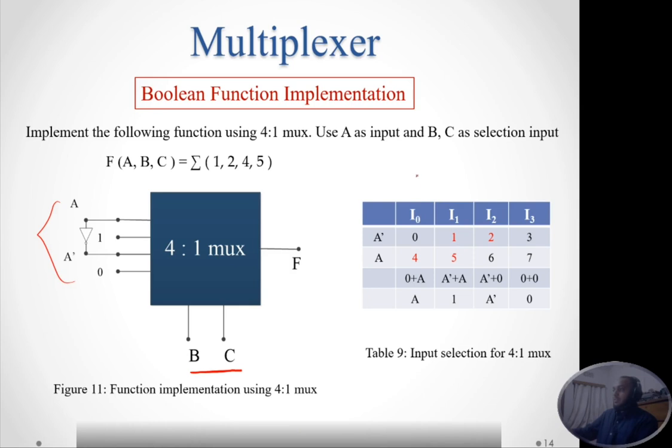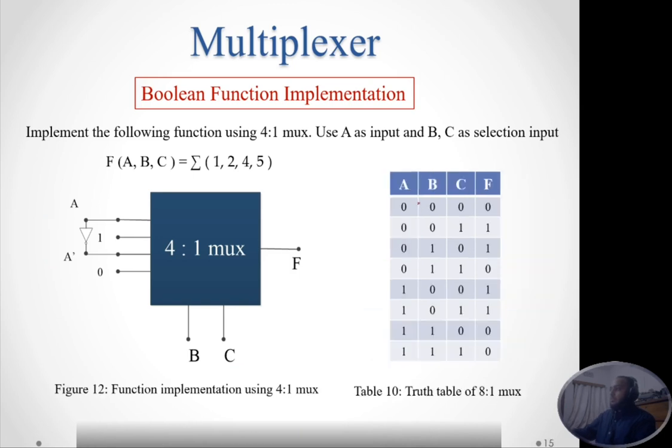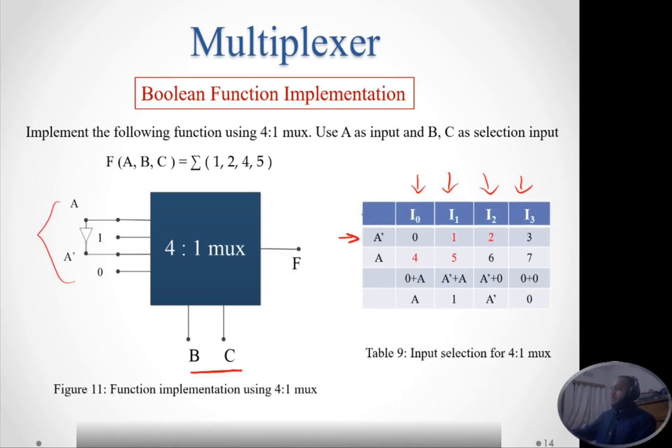For the 4:1 mux, we have 4 inputs: I0, I1, I2 and I3. Now we need to find in which positions A is 0. From the truth table we can see A is 0 in the positions 0 to 3. So we can write 0, 1, 2, 3 in this row.